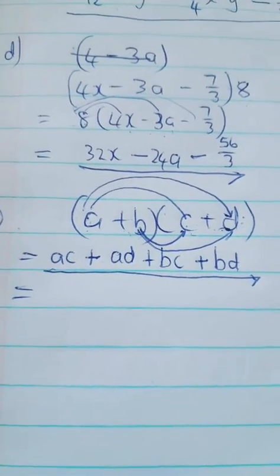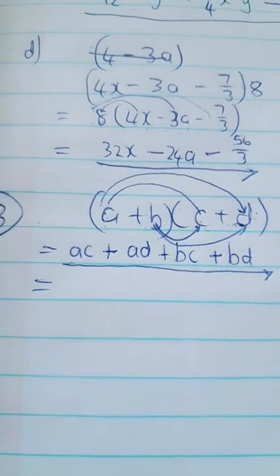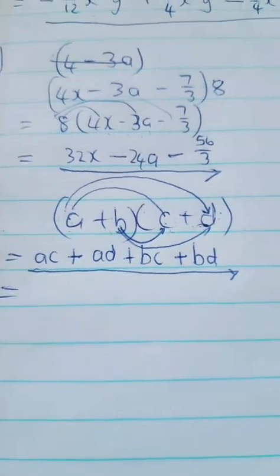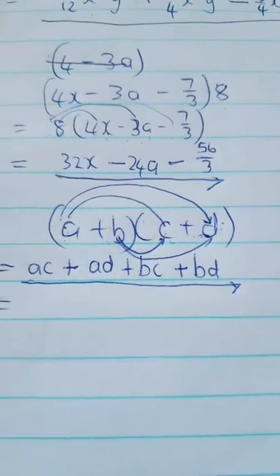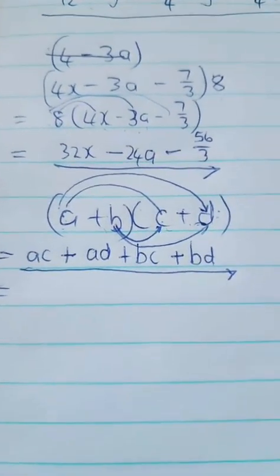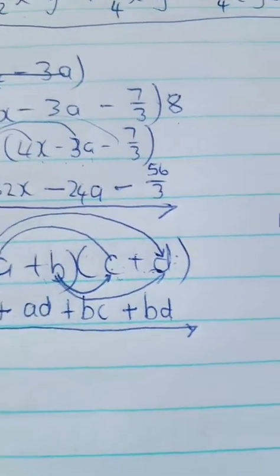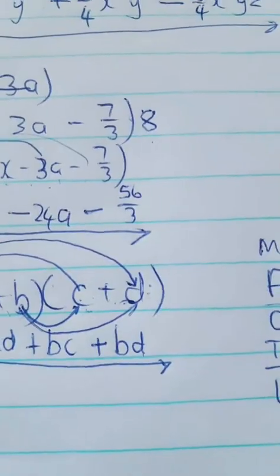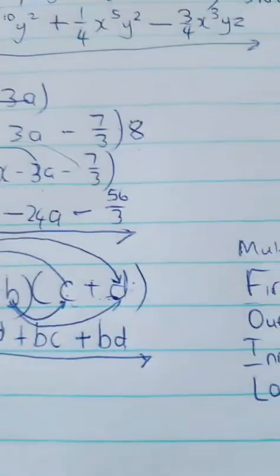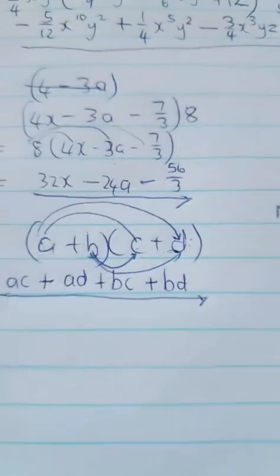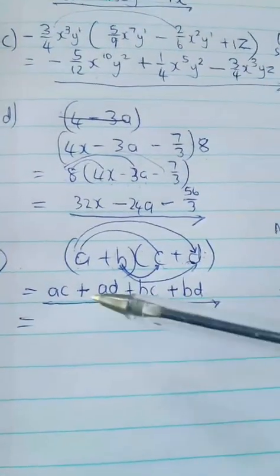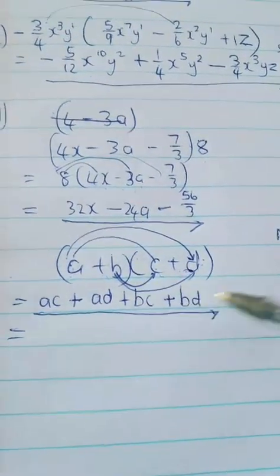If we had like terms, we would add those like terms, but we don't here. Yeah, so those are the 4 terms, 1, 2, 3, 4 terms, and basically that is our answer.